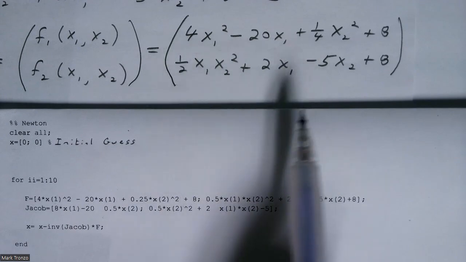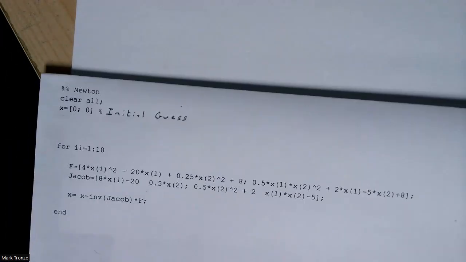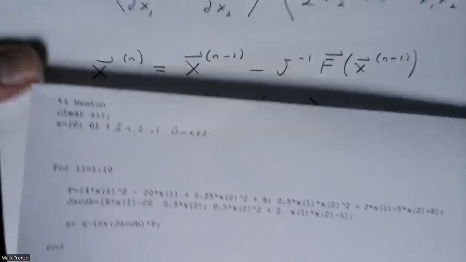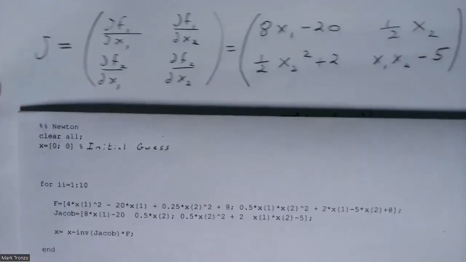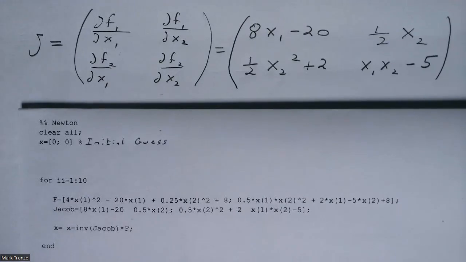So that's our function. And the next thing we want to put in is the Jacobian, which we calculated previously. And that was this up here. And I just called this Jacob.